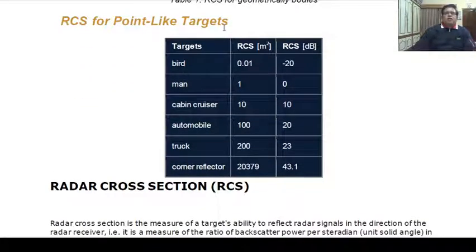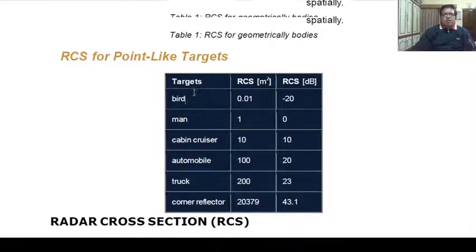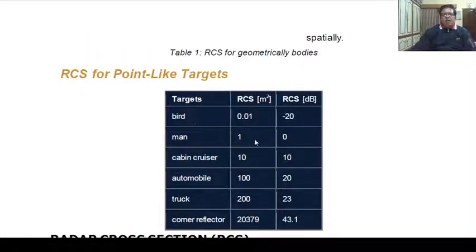RCS for point-like targets. If there are some point-like targets, what is RCS? Targets like a bird. First in the table: the name of the target, RCS in meter square, and RCS in dB. If there is a bird, RCS is 0.01 meter square, in dB minus 20 dB. If there is a man, what is RCS? 1 meter square.